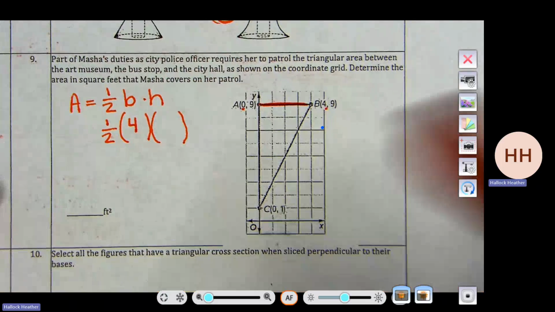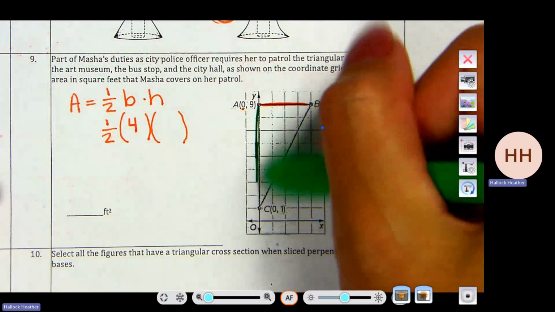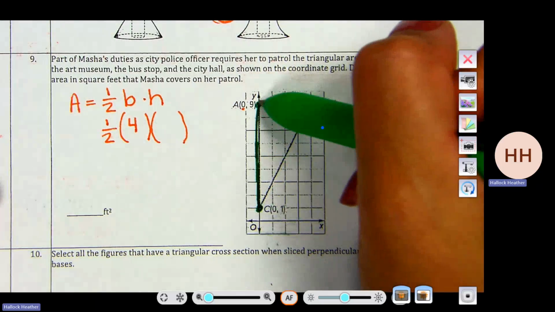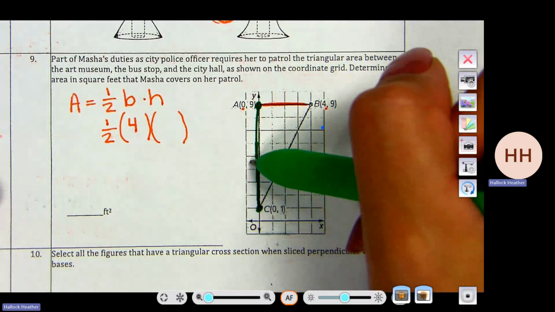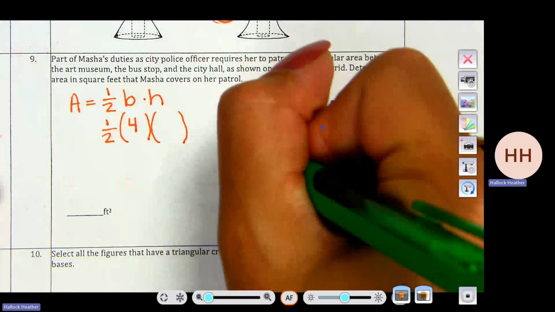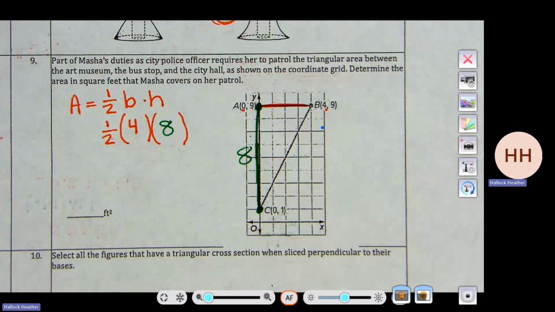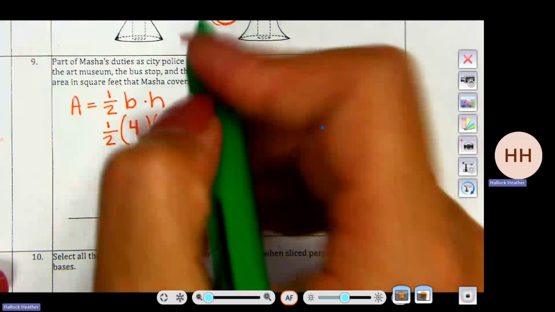The height of my triangle, from C to A, not all the way to the x-axis, is 1, 2, 3, 4, 5, 6, 7, 8, which is 8. So we're doing 1/2 times 4 times 8, or 4 times 8 cut in half, which is 16.